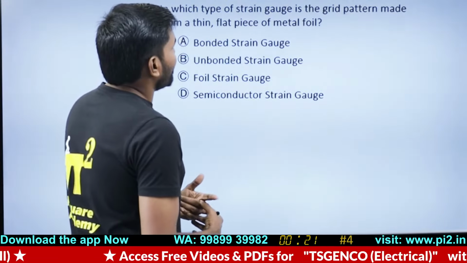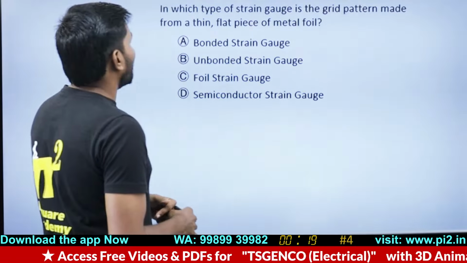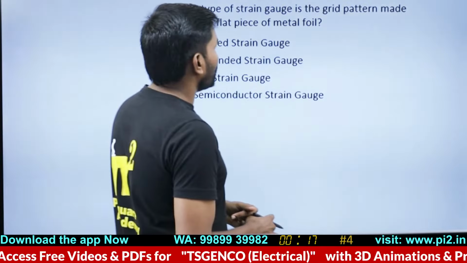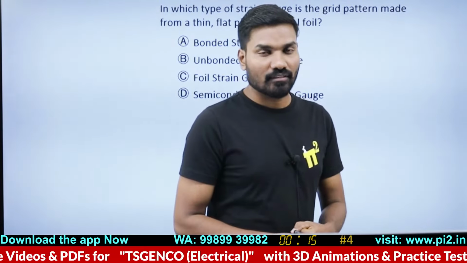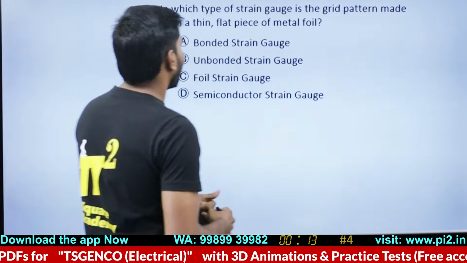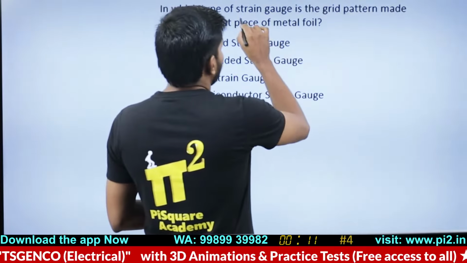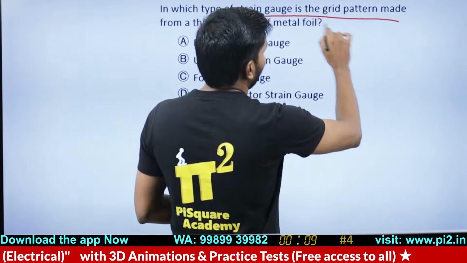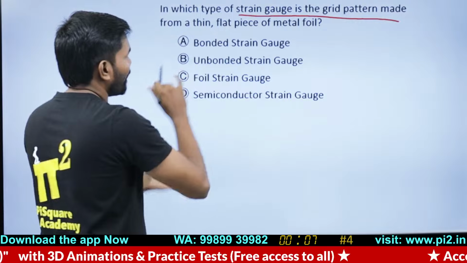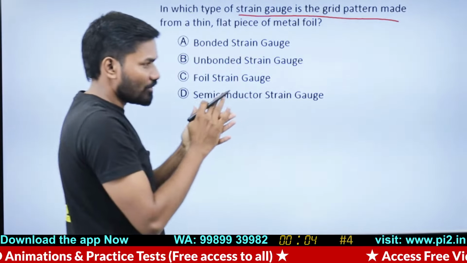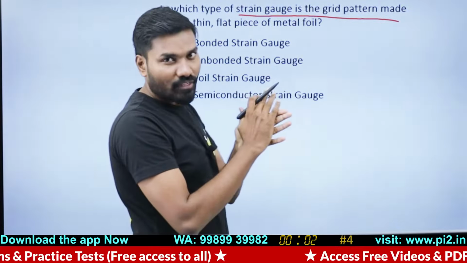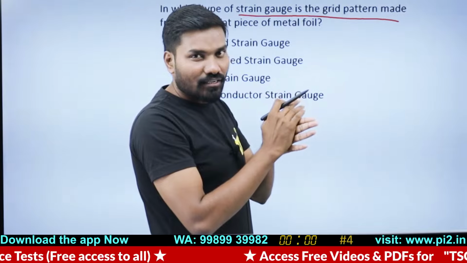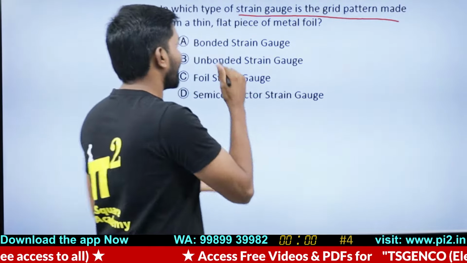In which type of strain gauge is the grid pattern made from a thin flat piece of metal foil? It is definitely foil type. Metal foil means a metal sheet. On the metal sheet, by etching you are forming a grid.